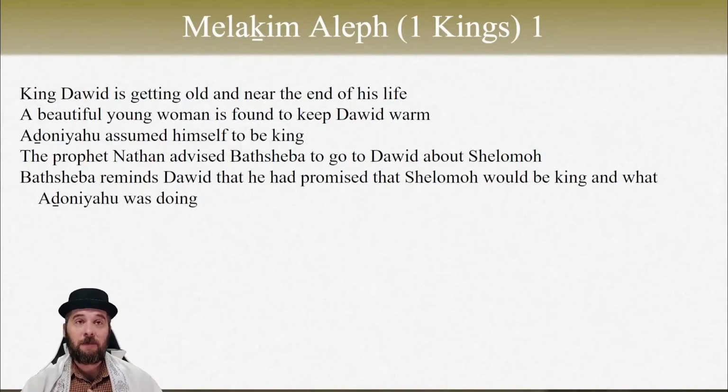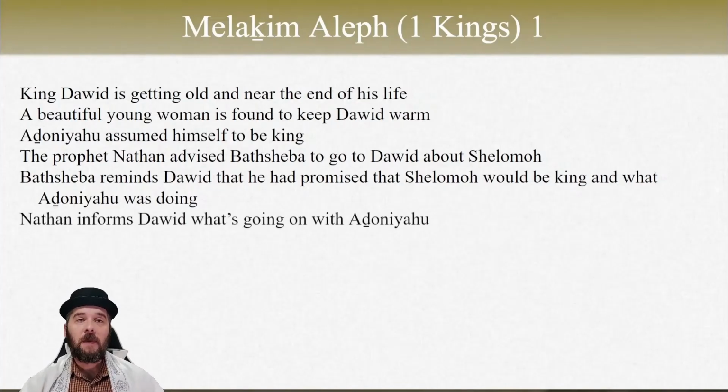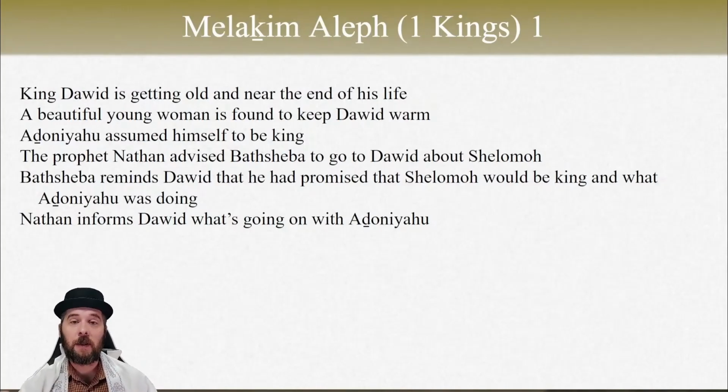So Bathsheba reminds him of this. She goes in, and it's very interesting what Bathsheba does during this that we'll look at in just a moment. But then Nathan, the prophet, comes in and tells King David what's going on with Adoniyahu, which King David probably already knew about, but Prophet Nathan tells him anyway.